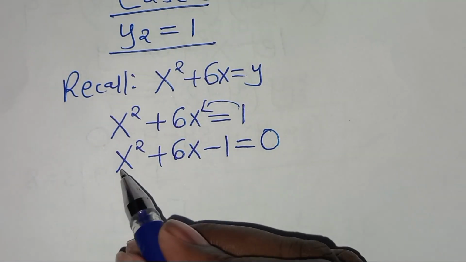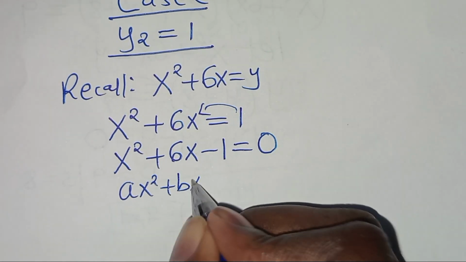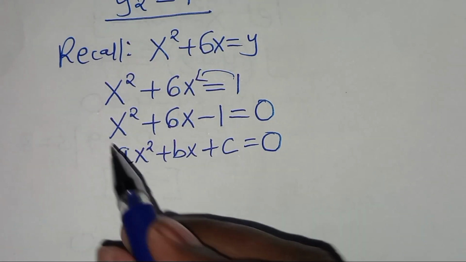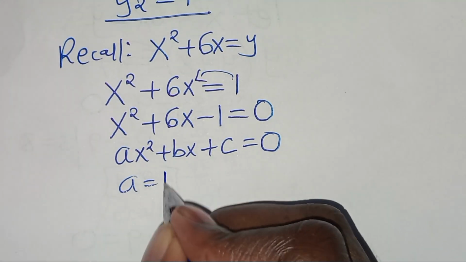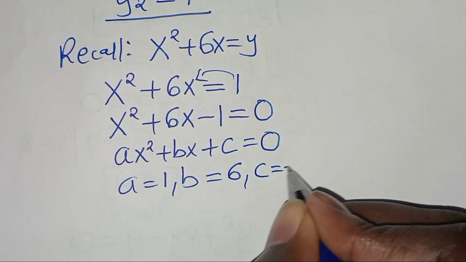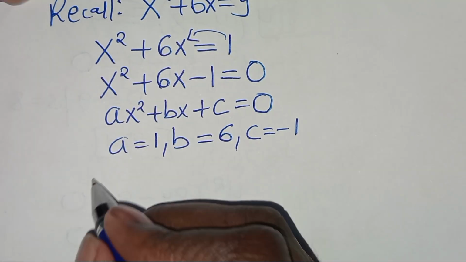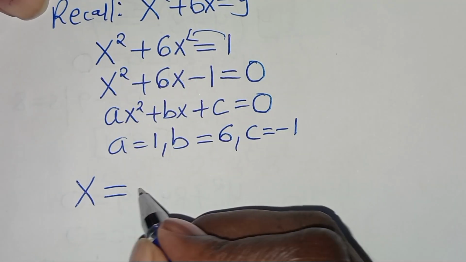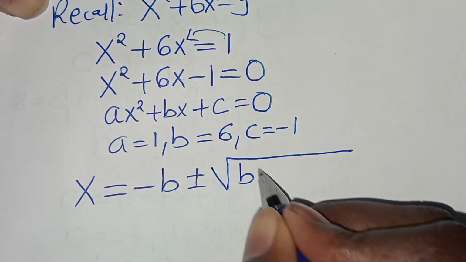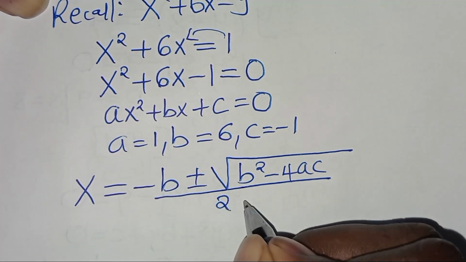Now this is a quadratic equation of the form ax squared plus bx plus c equal to 0. From this quadratic equation, a is equal to 1, b is equal to 6, and c is equal to minus 1. Now we can apply the quadratic formula to solve for x, that is minus b plus or minus the square root of b squared minus 4ac, everything divided by 2a.